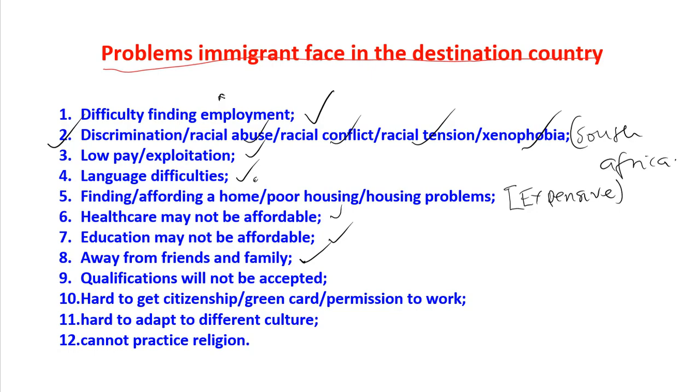Qualifications might, in some cases, not be accepted. Another thing is it's hard to get citizenship or a green card. It's difficult to get permission to work in some of these countries. It's also hard to adapt to a different culture, and you cannot practice your religion except if it is what is being practiced in that particular country. So you see, these are problems immigrants face in a destination region.